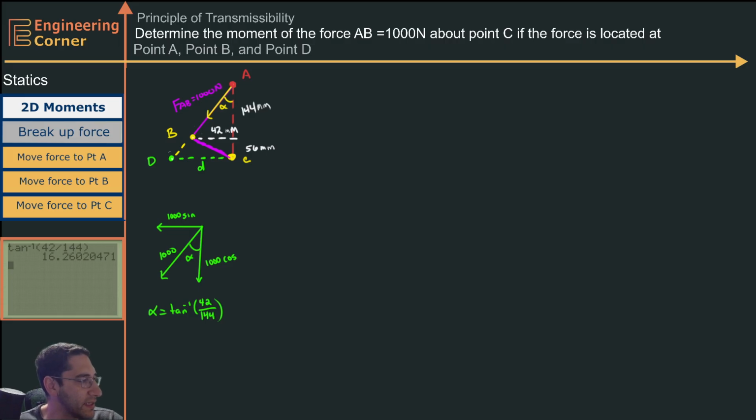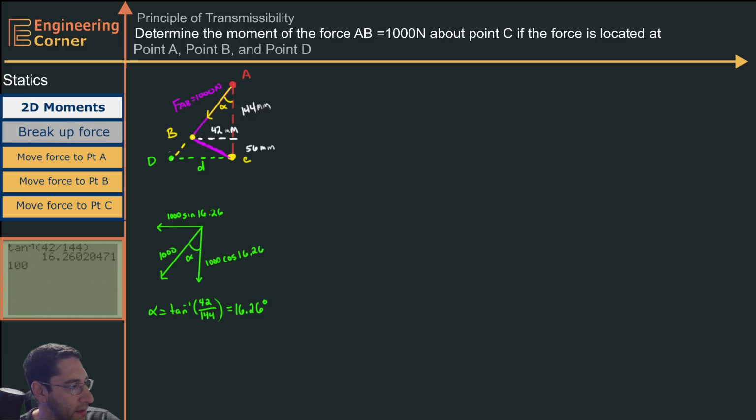And we get that this is equal to 16.26 degrees. So this will be 1000 times the sine of 16.26. This will be 1000 times the cosine of 16.26.